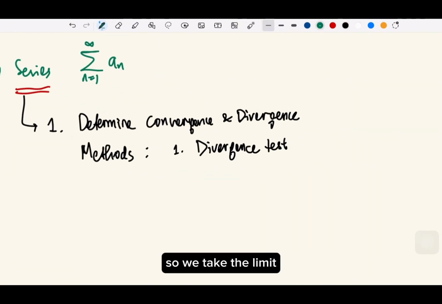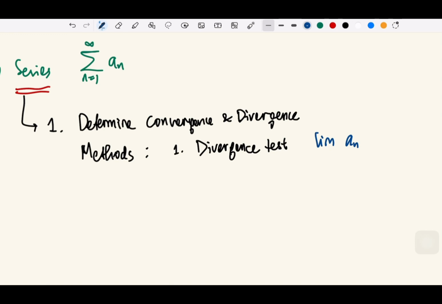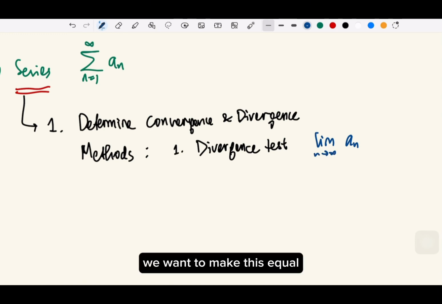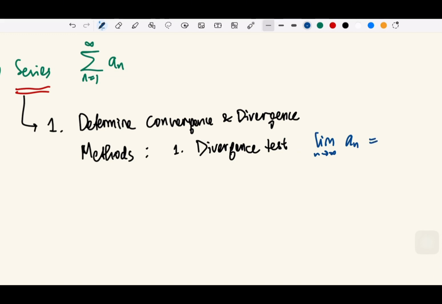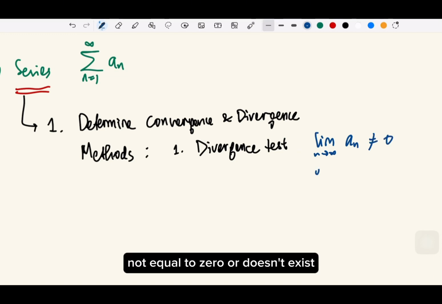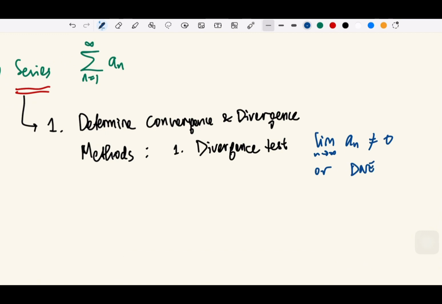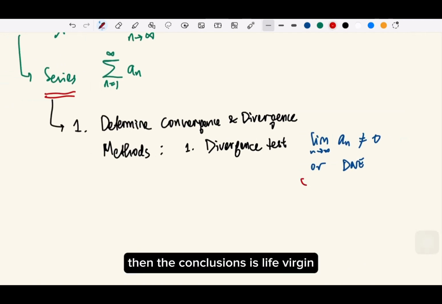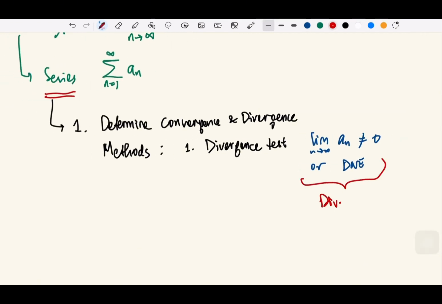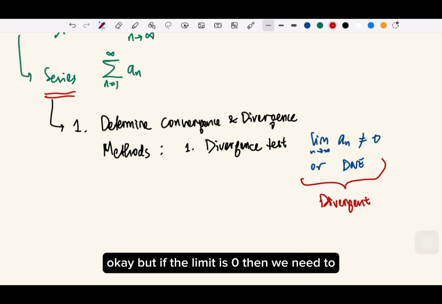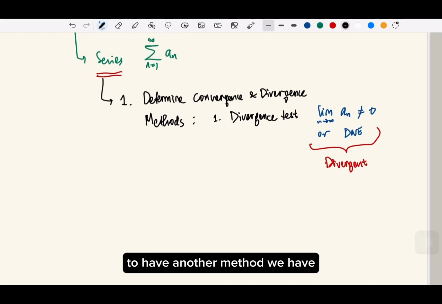So we take the limit of the an. We want to make this not equal to 0, or doesn't exist. Then the conclusion is divergent. But if the limit is 0, then we need to have another method.